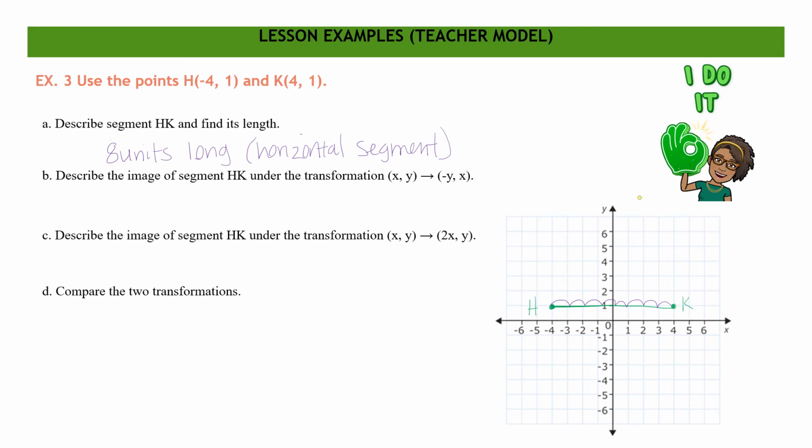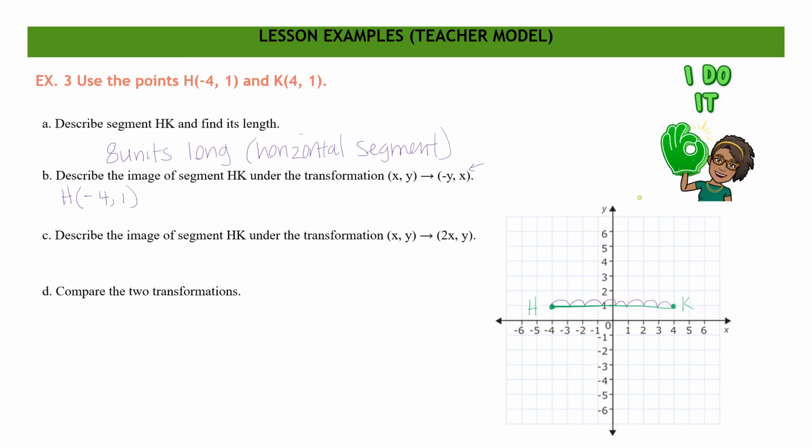Now it wants us to describe the image of segment HK under the transformation if we plug those points in and we get -y, x. So pretty much what we did last example, when we flip the coordinate points and the y becomes opposite. So what happens when we do that? Well, let's see. If I have H, my original pre-image point was -4, 1.